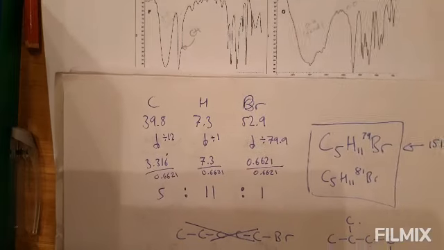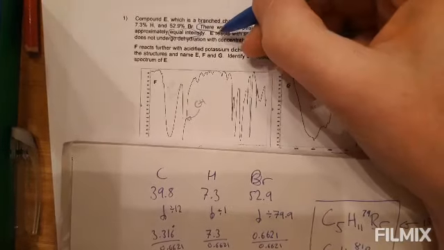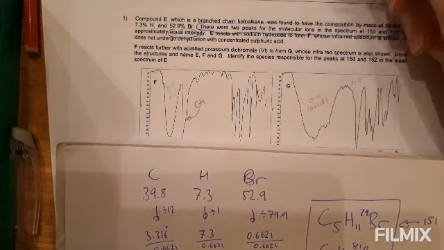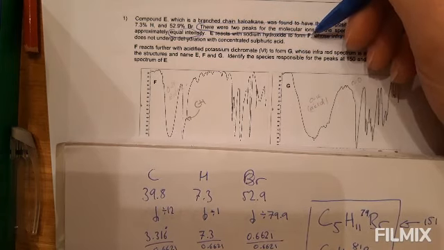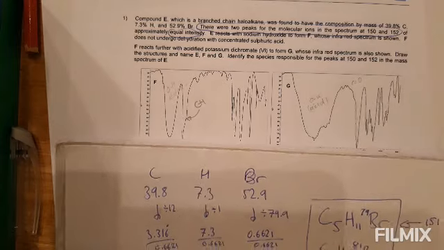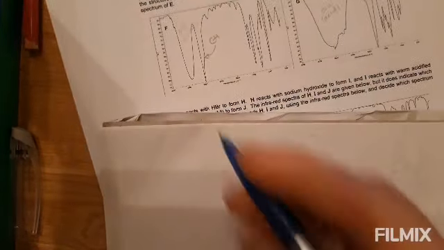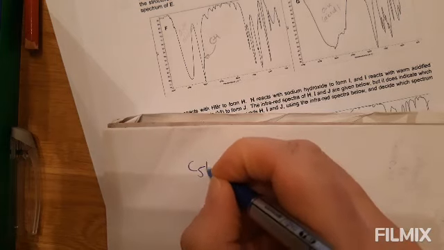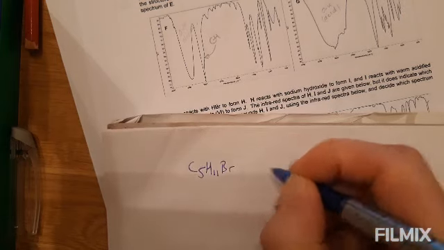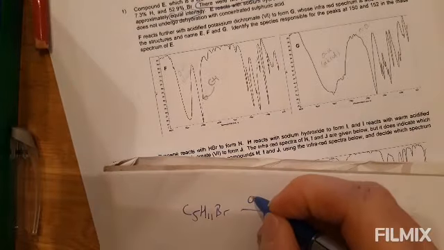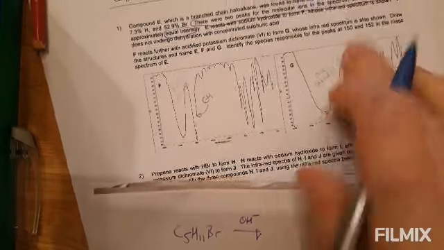We're told the next bit: E, this branched chain haloalkane, reacts with sodium hydroxide to form F. So let me write down my thinking here. This branched chain haloalkane, C5H11Br, reacts with sodium hydroxide, so OH minus.